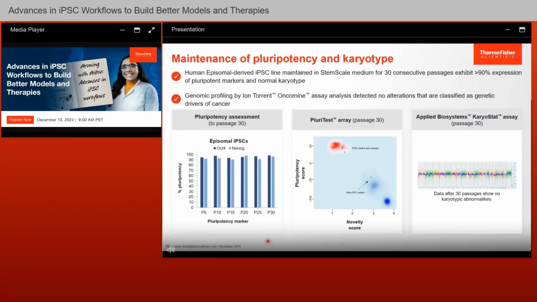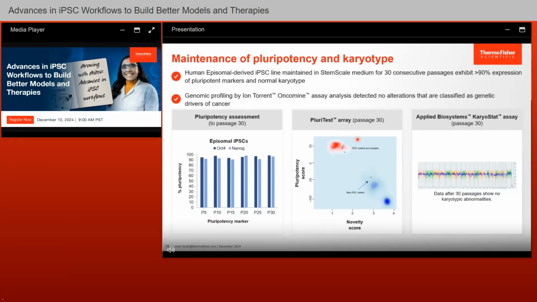But this pluripotency status was also further confirmed by our PluriTest array, where we are looking at global gene expression of our StemScale cultures and comparing them to a database of over 250 validated iPS cell lines, looking at the global transcriptomic signatures of PSCs and seeing whether they match what we know to be a transcriptomic signature of PSC culture.